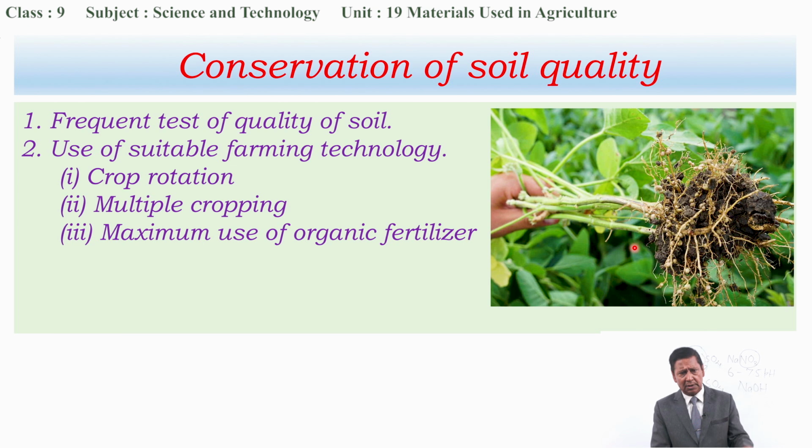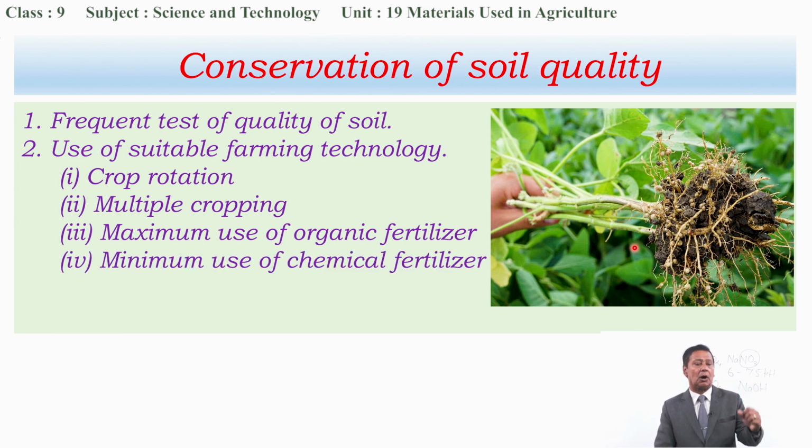There are others also. Maximum use of organic fertilizer and minimum use of chemical fertilizer, we should prefer this. As far as possible, use of organic fertilizer should be increased and use of chemical fertilizer should be decreased, because organic fertilizer provides humus also and it prevents leaching also.